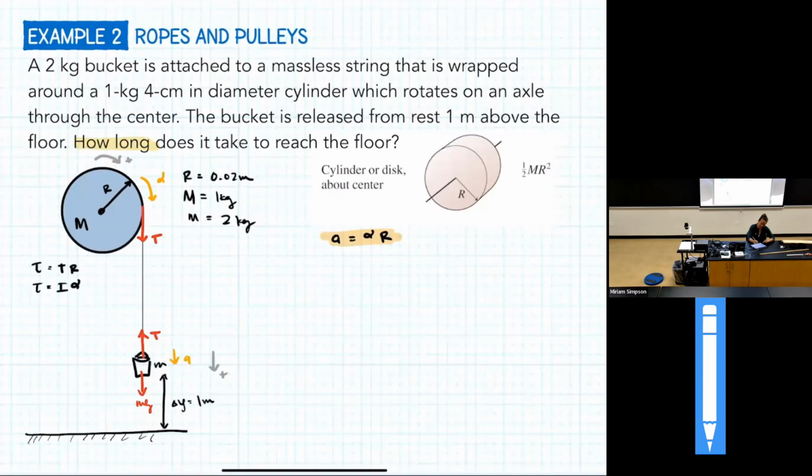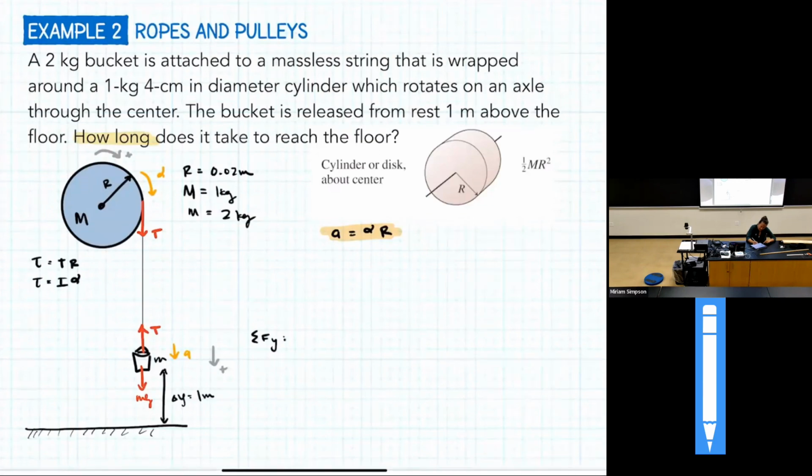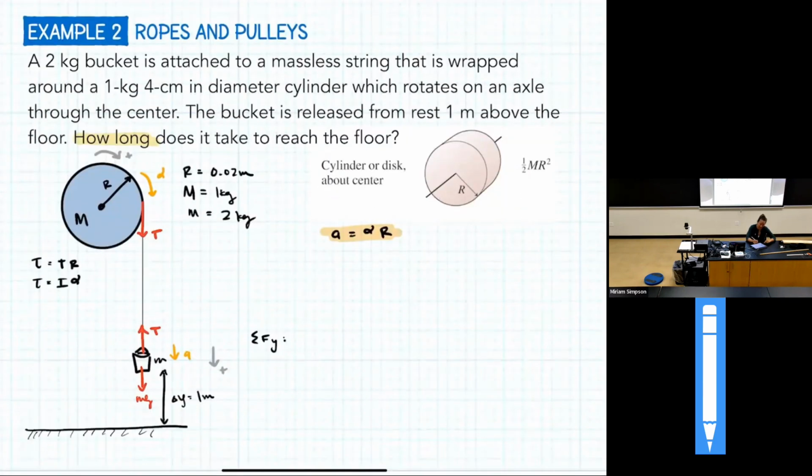So let's figure out what tension is. We can do that over here. Remember, if we sum up all the forces in the y direction, remember, positive is down. So that's mg minus tension is equal to ma. Okay. You feeling okay about that? Yeah. Okay. So now we have an equation for tension here.